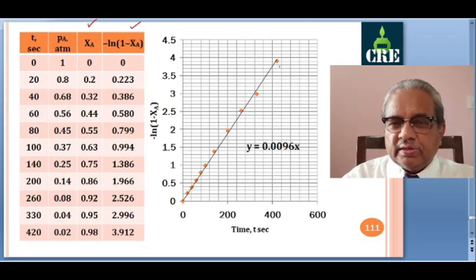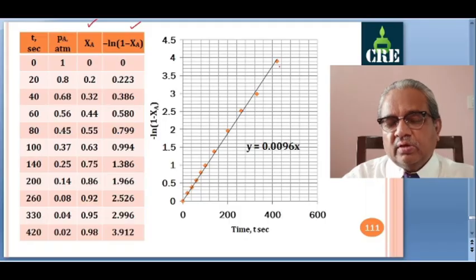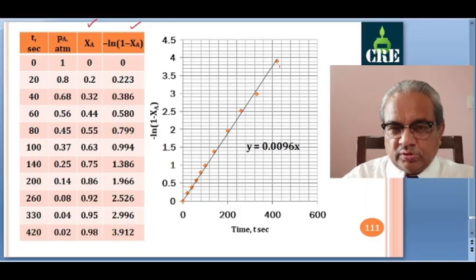For given concentration time data, you can find out the slopes at different values of Ca, that will give you minus Ra versus Ca data, and from that, using ln of minus Ra is equal to ln of k plus n ln of Ca. So plot in y is equal to mx plus c form, and whatever n and k are obtained, we have seen that many times, that can be used accordingly.